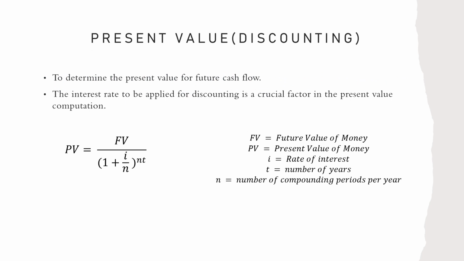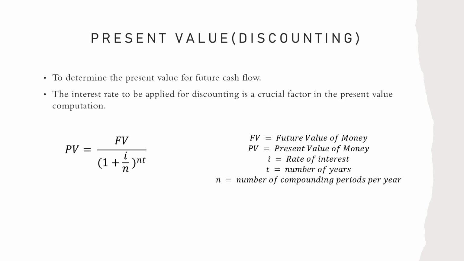Next, the present value discounting. Present value discounting is to determine the present value of future cash flow. The interest rate to be applied for discounting is a crucial factor in the present value computation.